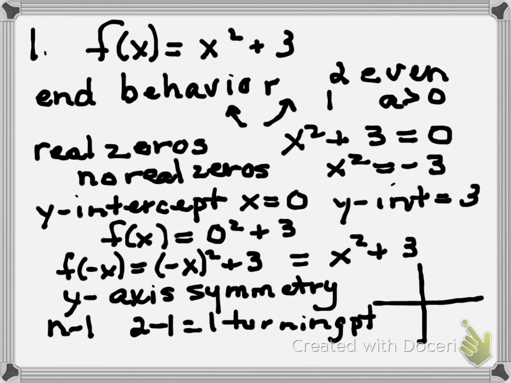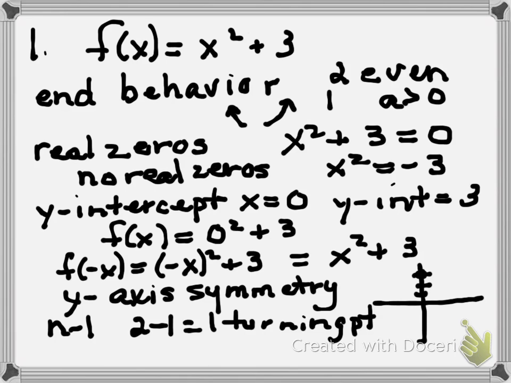So what does this graph look like? Well, we're only sketching the graph. We don't have an awful lot to refer to. We don't have a root or a solution where it touches or crosses the x-axis. We have a y-intercept of 3, and I know that it's going to be symmetric on either side of the y-axis. We already did transformations.